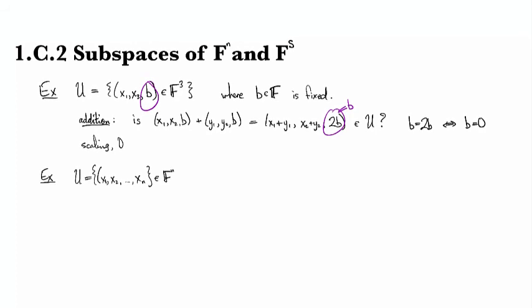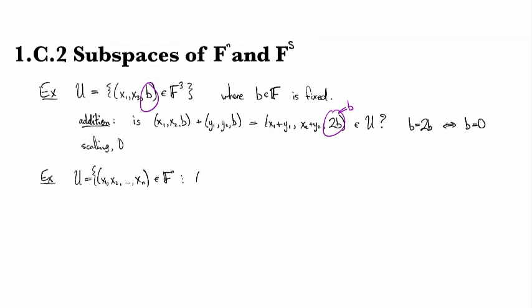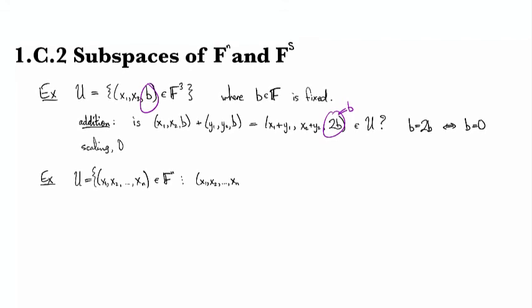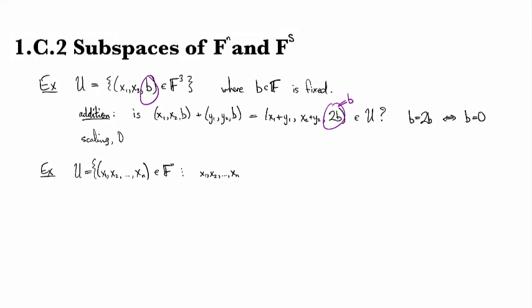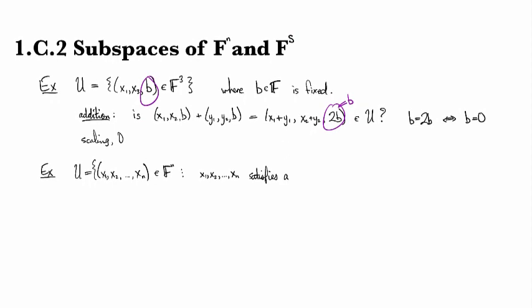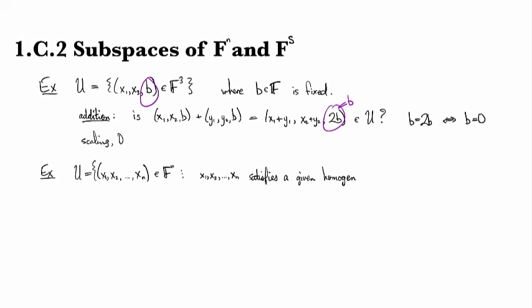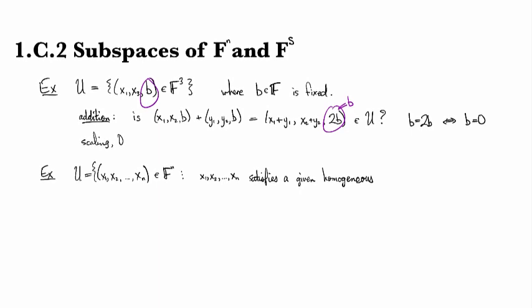So we've got all the points in Fn such that these points satisfy a given homogeneous linear equation, and we just found out in the previous example that it only works if it's homogeneous.